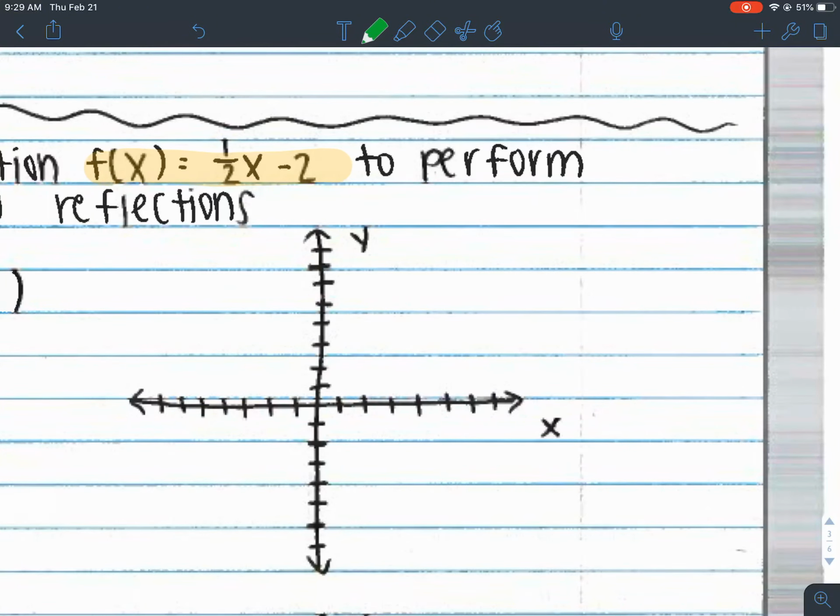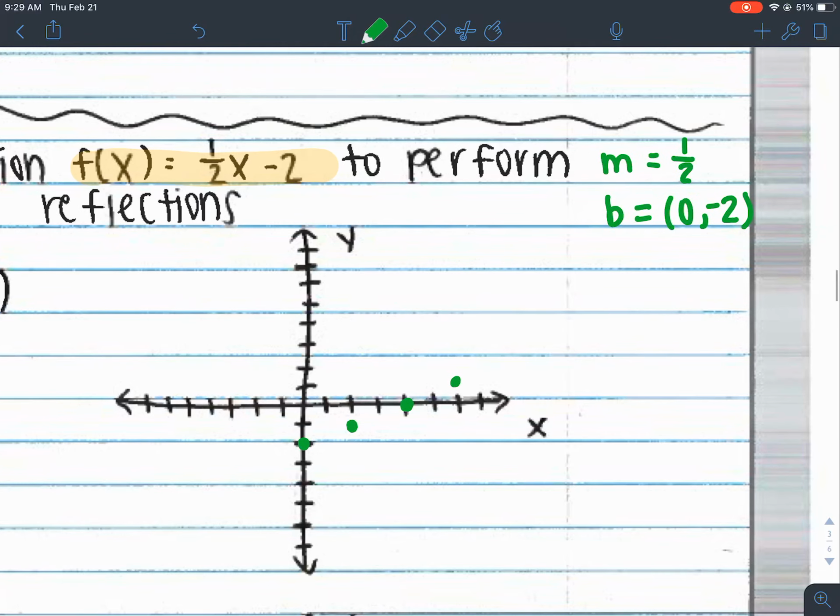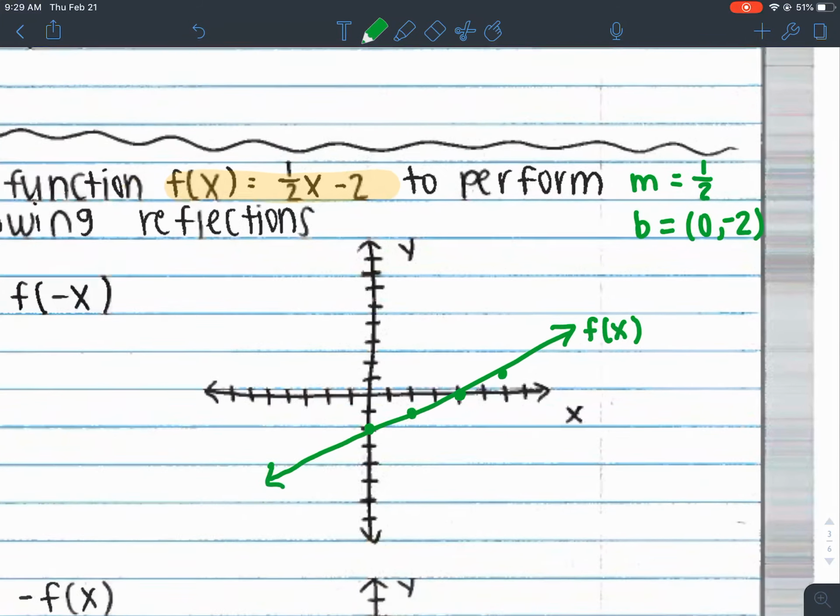Our slope here is 1/2, and our y-intercept is 0, -2. You always want to start off at your point. So I'm going to graph 0, -2, and then use my slope to graph the rest of the line. I'm going to rise 1, right 2, rise 1, right 2. I'm going to graph 4 points on this one. And then I do want to label that, so that's my f of x function, my original one.